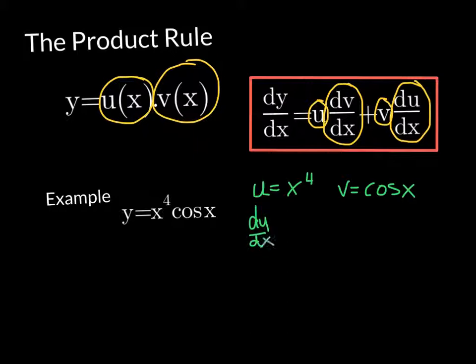So we want to differentiate u with respect to x, so we can bring the 4 down as a multiplier, and then this becomes x to the power of 3. Next, we want to find the differential of v with respect to x. So hopefully you'll remember from a few slides ago, the differential of cos x is minus sin x.